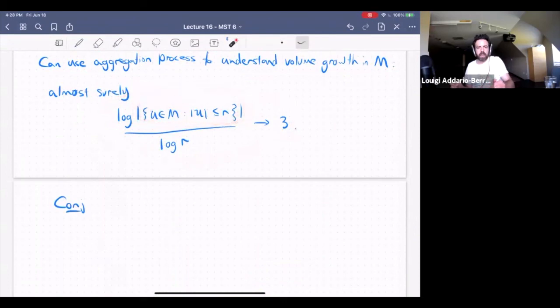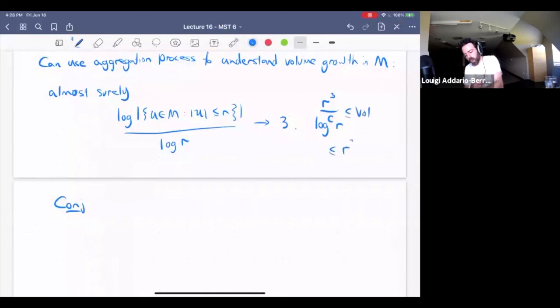I have a preprint about this where I prove something like R cubed over polylog R as a lower bound, and then something like R cubed e to the something like root log R as an upper bound. My bounds are enough to get this sort of logarithmic asymptotics.